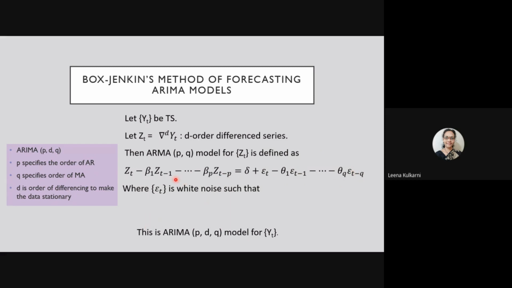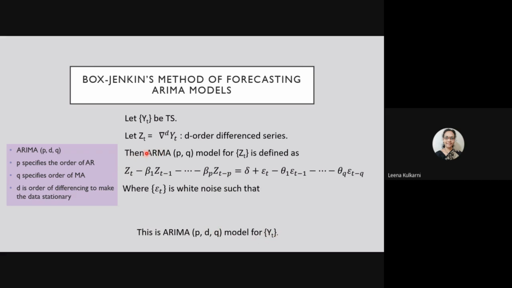Now, on the left hand side of this equation, Zt, we have seen that Zt is the d order difference series of Yt. So if d is equal to 1, Zt will be Yt minus Yt minus 1. If you substitute the value of Yt on the left hand side, the equation will be in terms of Yt, and then you will get the ARIMA p, d, q model for Yt.